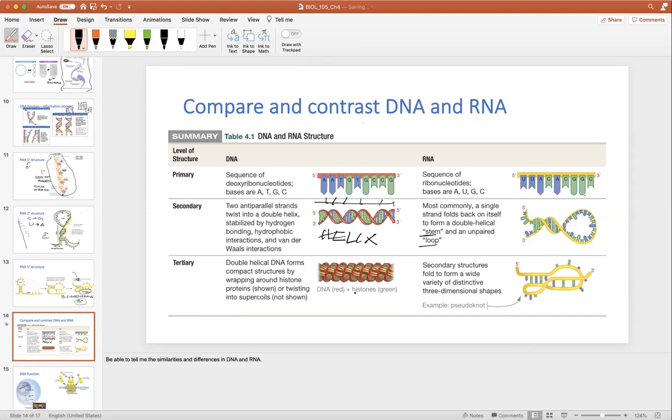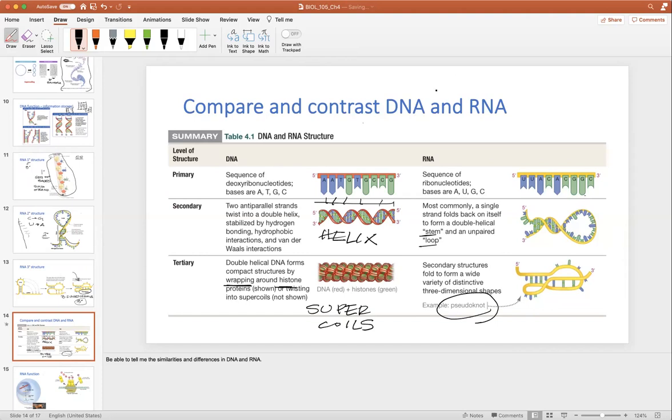Tertiary structure, you can either have in DNA supercoils, or compact structures that are wrapped around histones, okay? In RNA, you can have a variety of knotted structures, but one that I told you about was called a pseudoknot. That's your tertiary structure.